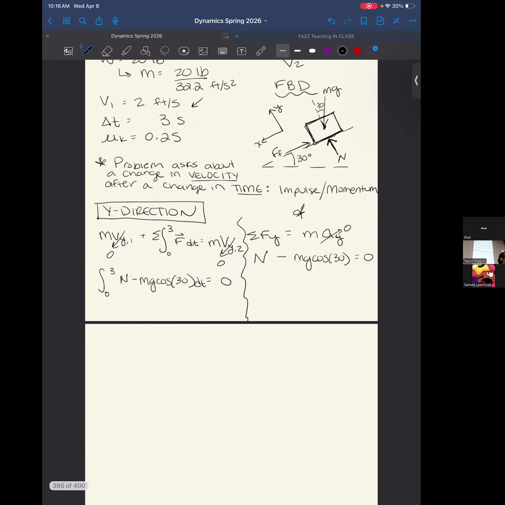Okay, so what happens when we integrate a constant? Multiply by time. So we'll get Nt minus mg cos 30 t equals 0. We can divide both sides by t. The t's cancel out, and I'm left with the exact same equation that I got from equation of motion.